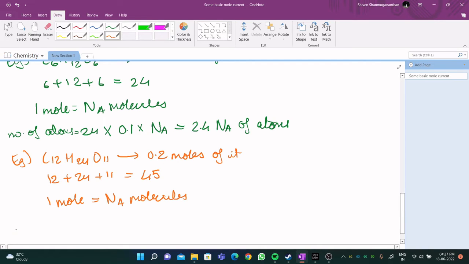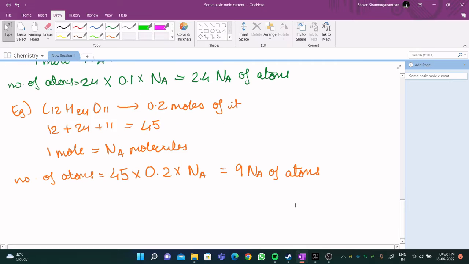So, number of atoms is equal to 45, because that's the number of atoms in one molecule, into 0.2 moles of it, into Avogadro's number, which is 9 Avogadro's number of atoms. Right, cool.